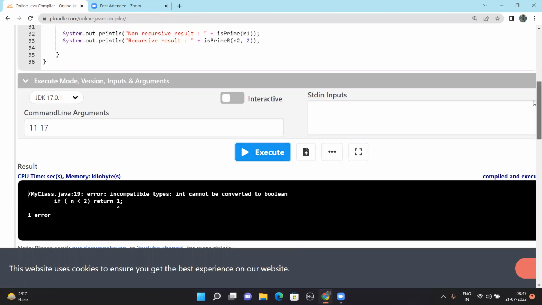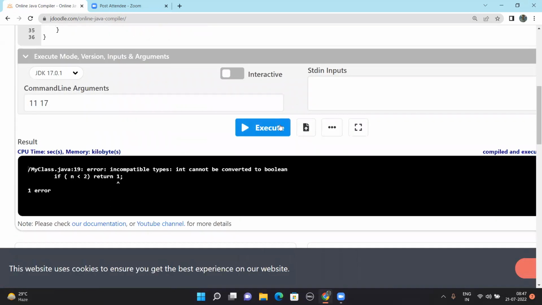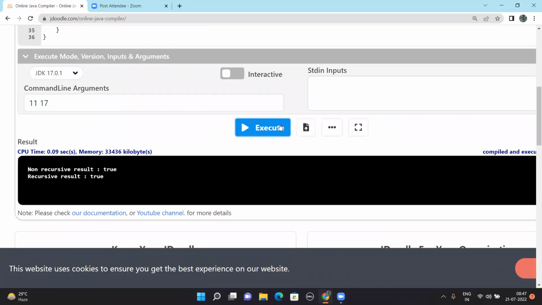If n less than 2, you will be returning false. Don't return integer, it is a Boolean function. Right? So for 11, input to non-recursive, answer is true. For 17, which is input to recursive, is true. Let us make it 10. The second one is false.